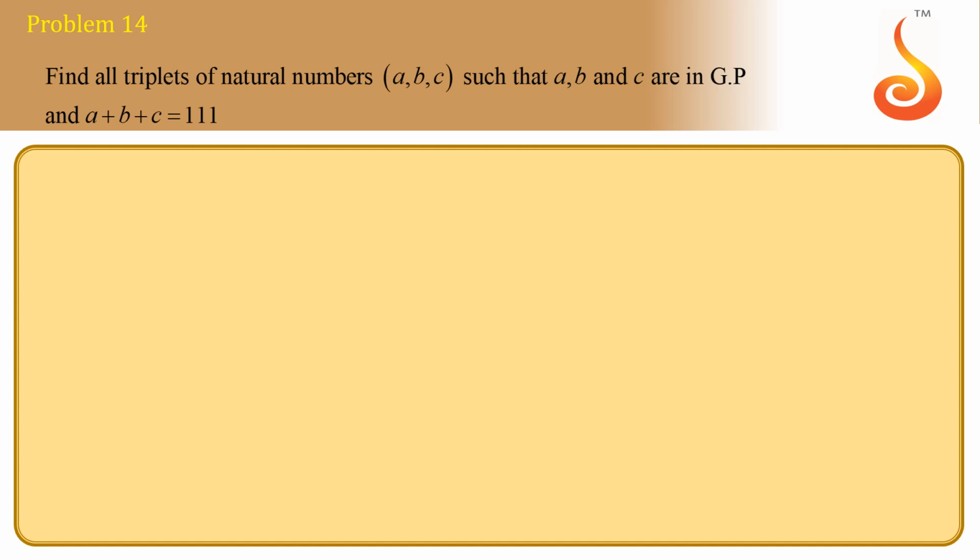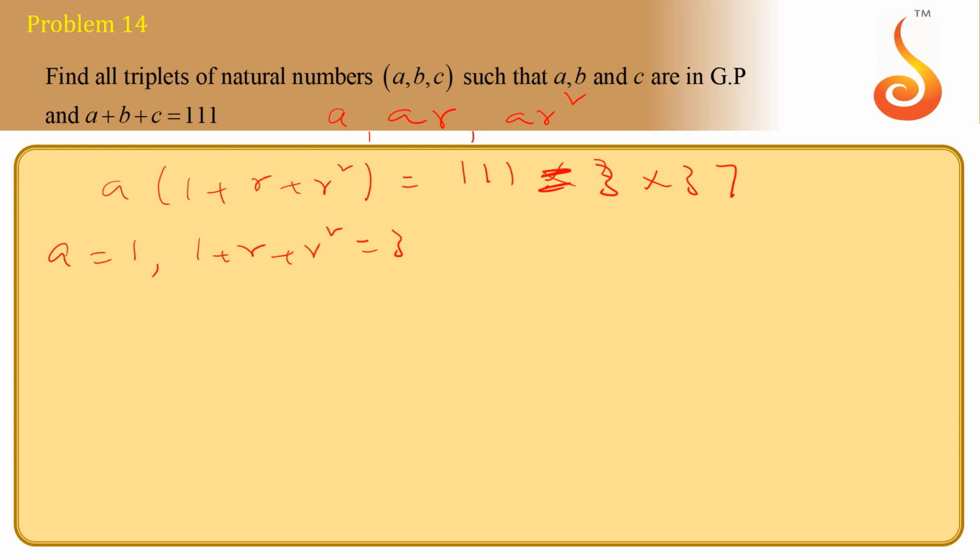Now, if I take A as A, B as AR, C as AR square, so you have A into (1 plus R plus R square) as 111. The only prime splitting you can do for 111 is 3 into 37. So what are the cases you have? Suppose A equal to 1, then 1 plus R plus R square will be 111.